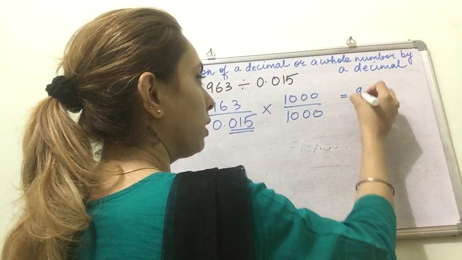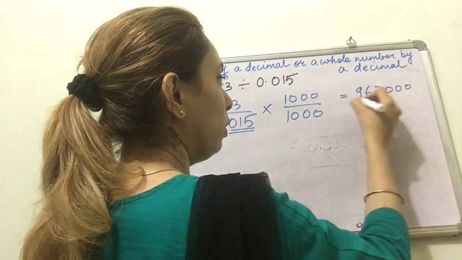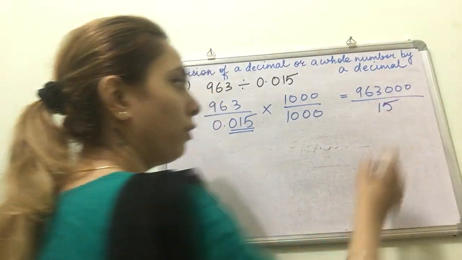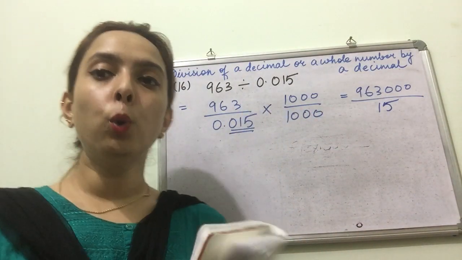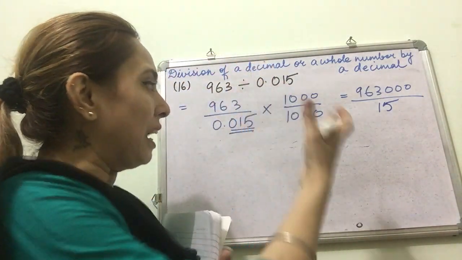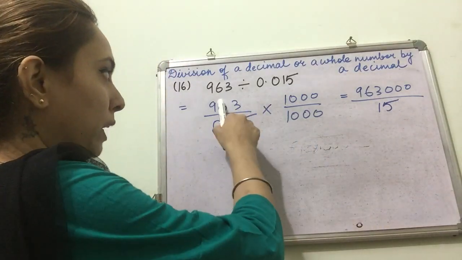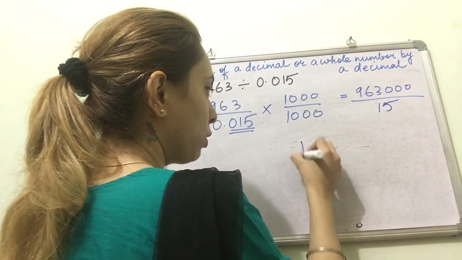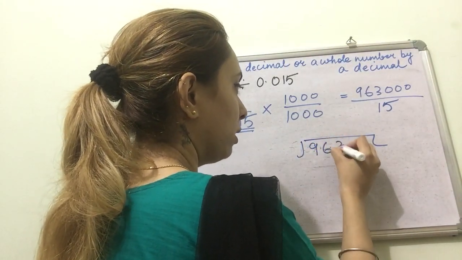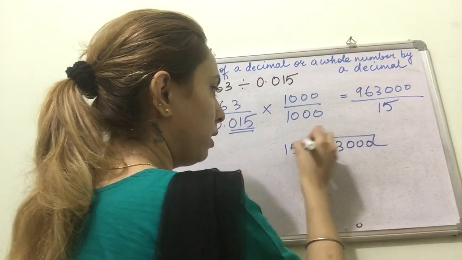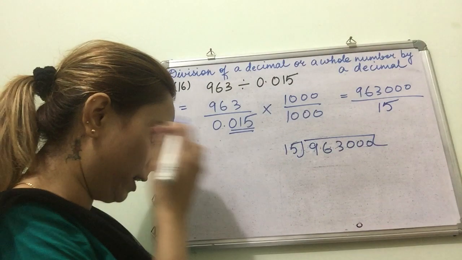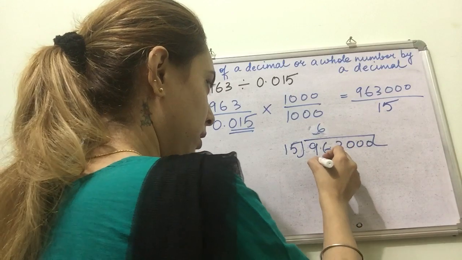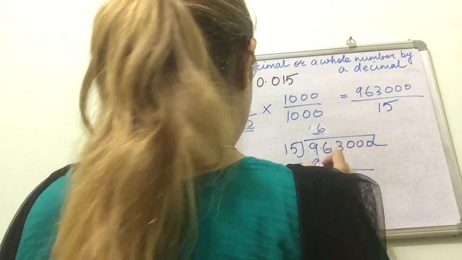So perform the multiplication. 963 multiplied by 1000 will become 963000 upon, simply closing your eyes, just write down 15, because we are doing this to make our divisor a whole number. Simply multiply, and your denominator will be a whole number. So now you can divide, and this division is very simple. You know the table of 15. 15 6s are 90.